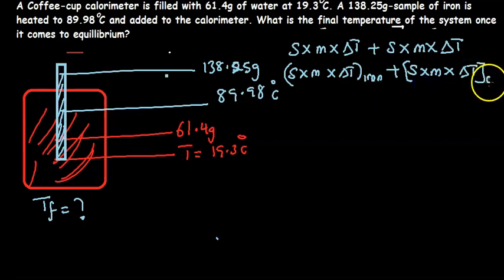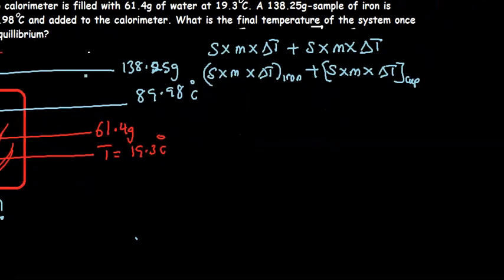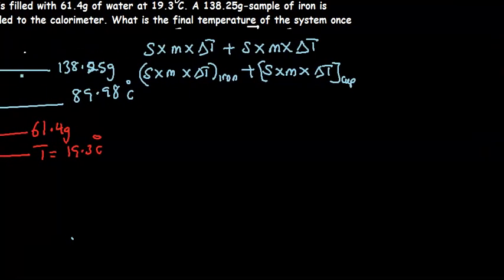Notice that the S here simply means specific heat capacity, M is the mass, and dT is the change in temperature. In the case of iron, the specific heat capacity is constant for iron, which is 0.45, multiplied by the mass. The mass of iron, we said, in gram is 138.25. What about the delta T, which is the change in temperature? We don't have the final temperature, so we denote it with TF minus the initial temperature, 89.98.